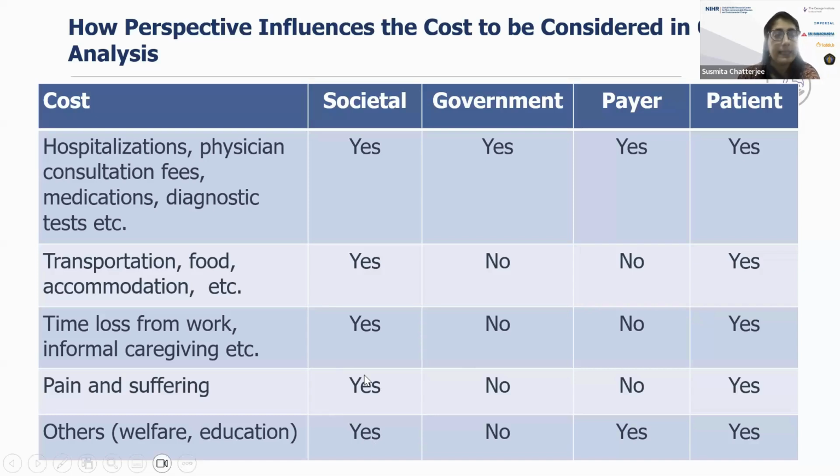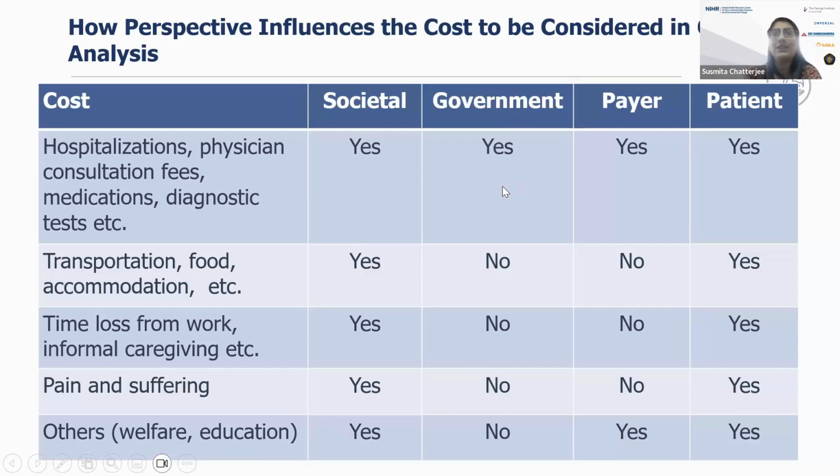And societal, yes, again. Time loss from work, informal caregiving: the child is sick, the mother is caring for the child. Yes, of course, it's a societal cost because the mother is spending the time. And then it's of course the patient because the mother is taking care of the child. Now, welfare, education, the payer may be interested, but the government is probably the narrow perspective, okay?